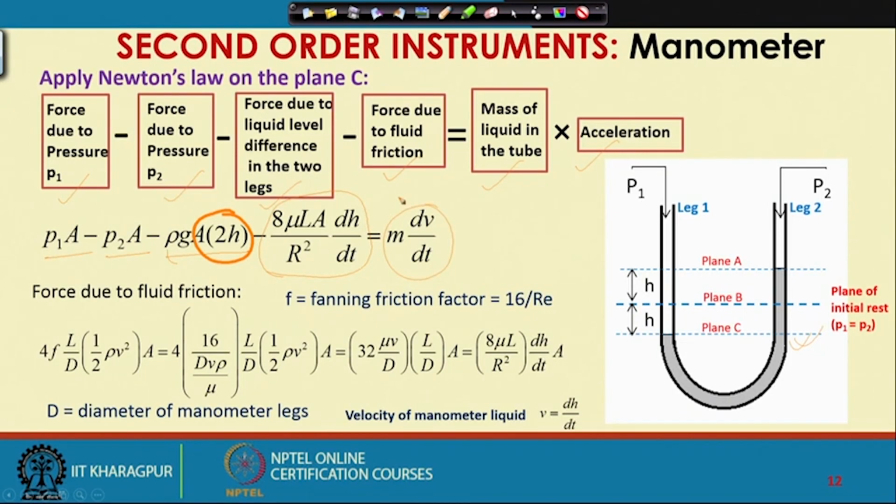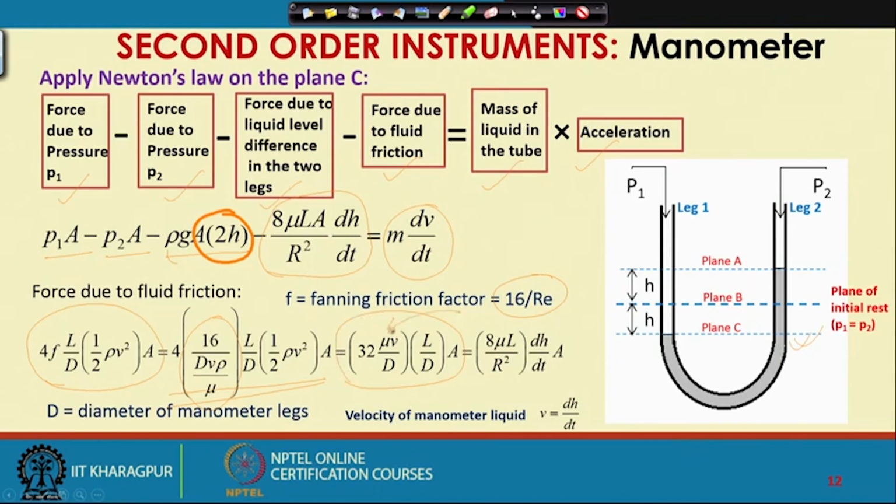Force due to fluid friction can be written as this from fluid mechanics, where small f is the Fanning friction factor, and if you assume laminar flow, the Fanning friction factor can be written as 16 divided by Reynolds number. So, if I put the expression for the Reynolds number, I will get this, and this finally will appear as this.